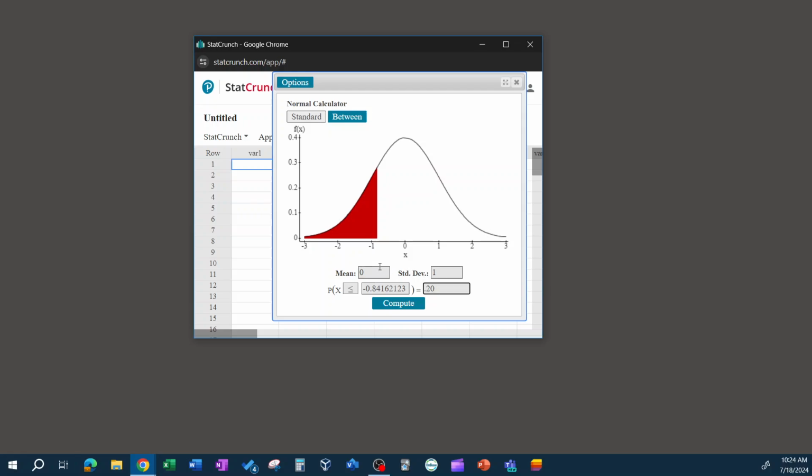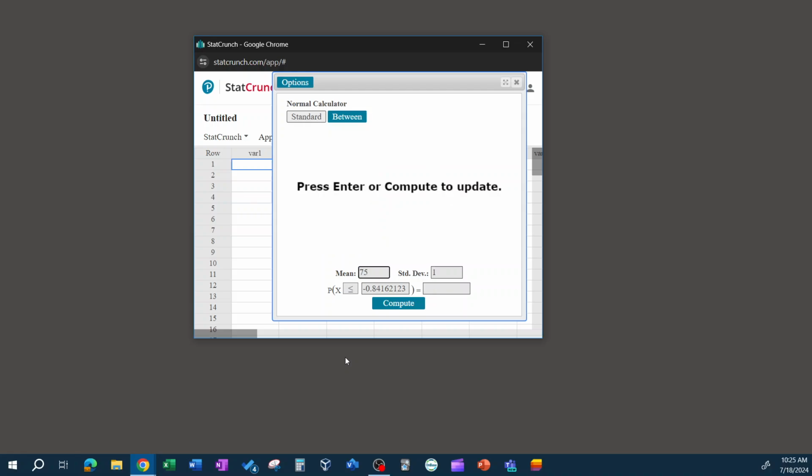But maybe they give you a specific problem like, what's the 30th percentile of a test? Well, they have to give you the mean. Let's say the mean on the test was 75.1 and the standard deviation was, let's say, 6.7. These numbers they are going to have to give you, right?